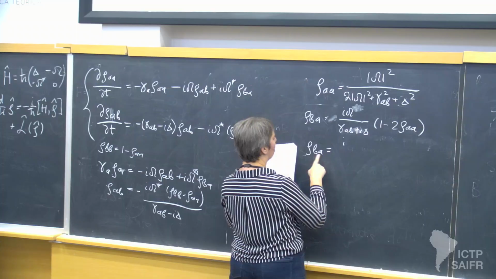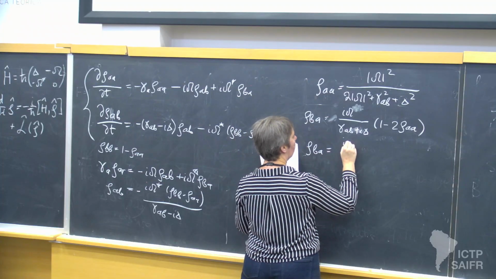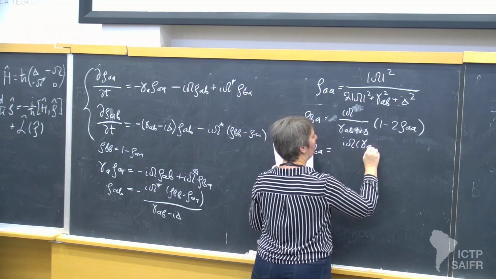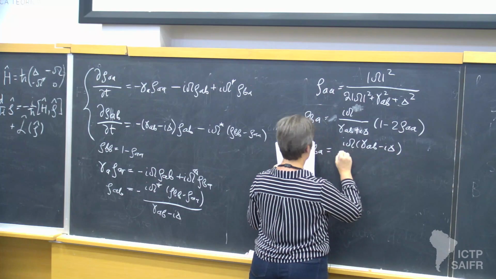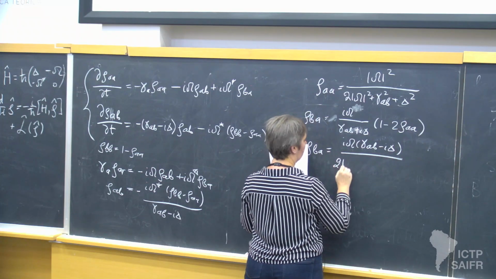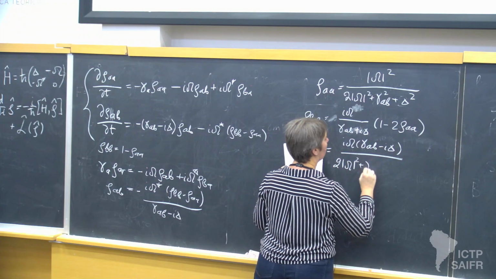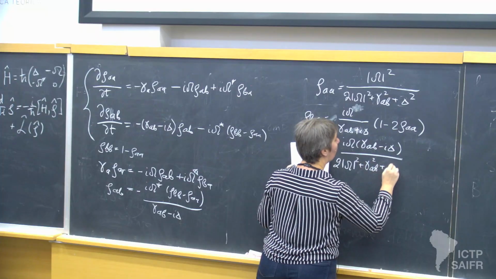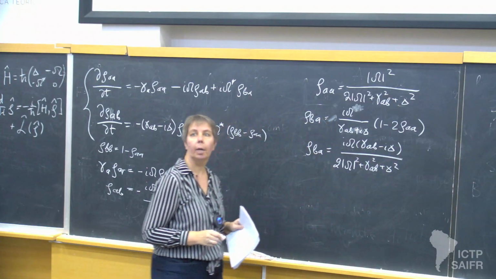So rho BA is going to be i omega, gamma AB minus i delta, divided by 2 omega squared plus gamma AB squared plus delta squared. Okay?